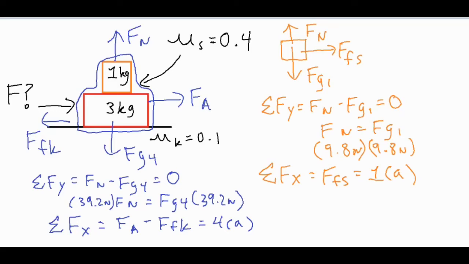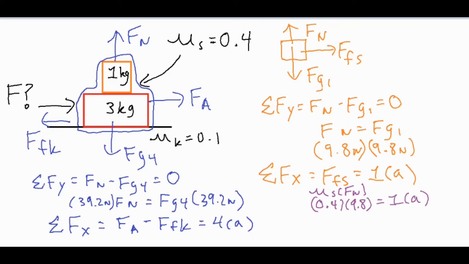Now, in the x direction, we only have a single force, which is the force of static friction, which equals m times a. The mass is 1, and then the acceleration is just a. So if we plug in our coefficient of static friction times the normal force, we can actually solve this. The coefficient of static friction is 0.4, and we just found out the normal force is 9.8 newtons, equivalent to the Fg, and that equals 1 times a.